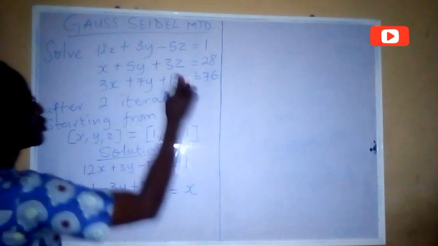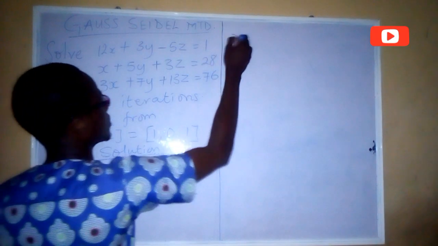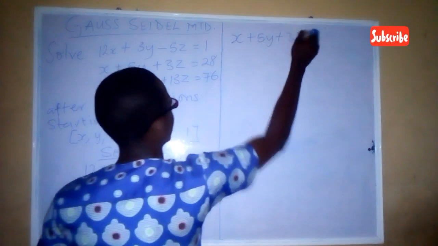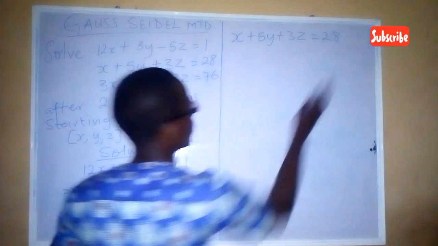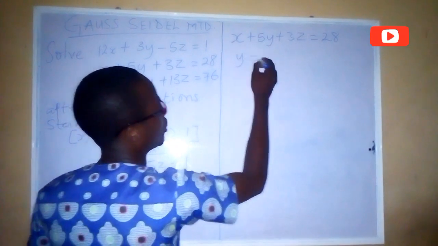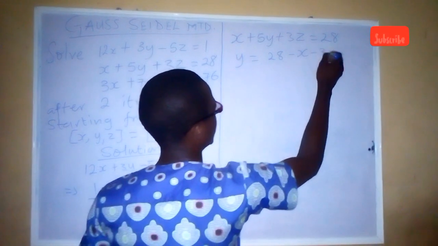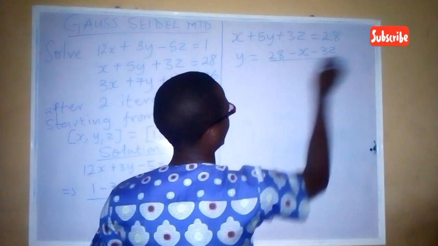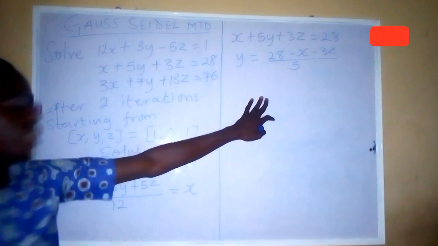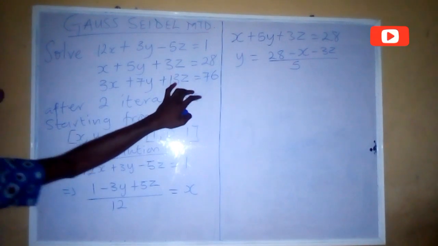In the second equation, you make y the subject of the formula. We have x plus 5y plus 3z all equals 28, so here I'm going to have y equals 28 minus x minus 3z all over 5. Then the third variable is made the subject of the formula in the third equation.